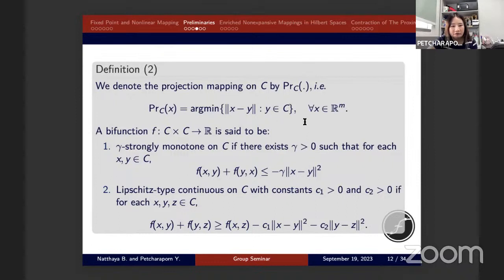And bifunction f is said to be gamma strongly monotone on C if there exists gamma greater than 0, such that for each x and y in C, bifunction f of x, y plus bifunction f of y, x less than or equal to minus gamma of norm of x minus y square, and Lipschitz type continuous on C with constants c1 and c2 greater than 0 if for each x, y, z in C, like this.